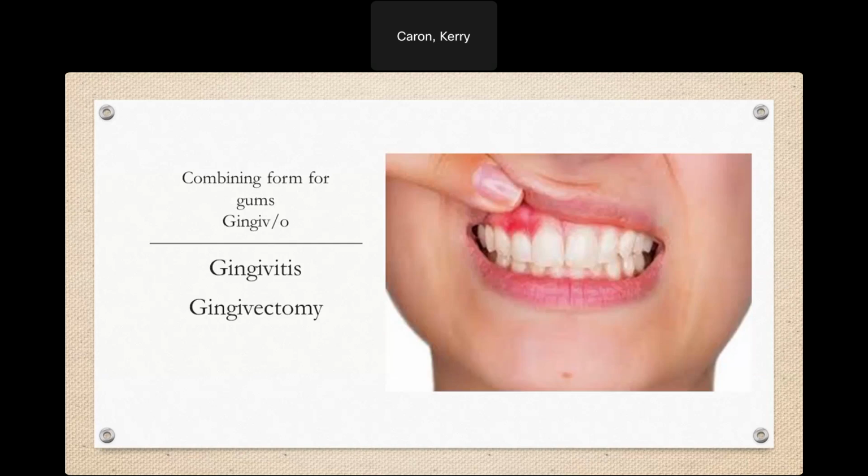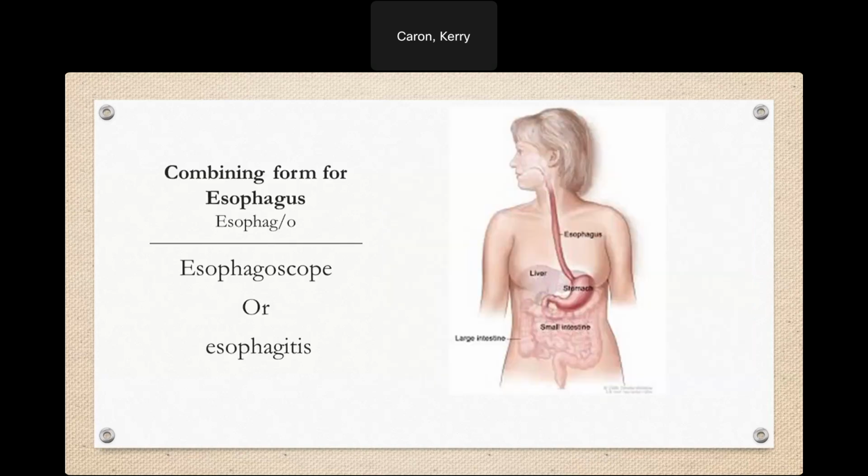Gingivo, gums, gingivitis being inflammation of the gums, gingivectomy meaning removal of gum. Esophago for esophagus. So esophagoscope is an instrument used in the visualization of the esophagus. And esophagitis is inflammation of the esophagus.